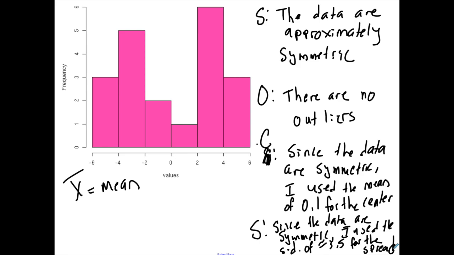Remember, we just chose the number right in the middle. So with -6 and -4, we chose -5, and then we just used whatever frequency the bar indicated. For -6 to -4, the frequency was 3, so we go in the middle, we find -5, we put 3 of them. And then -3 is in the middle of -4 and -2, so we do 5 of those, and so on and so on.